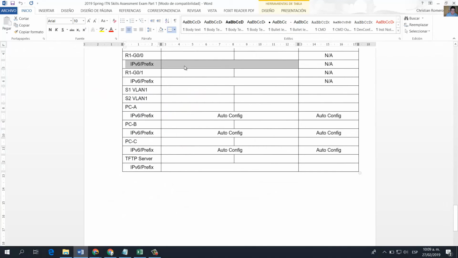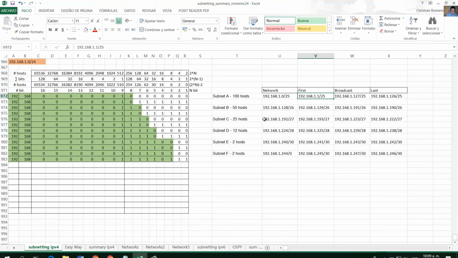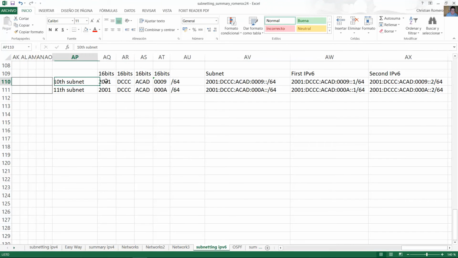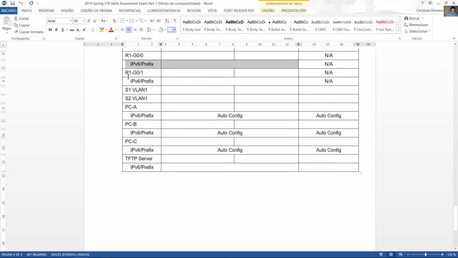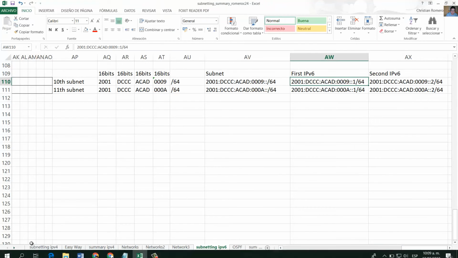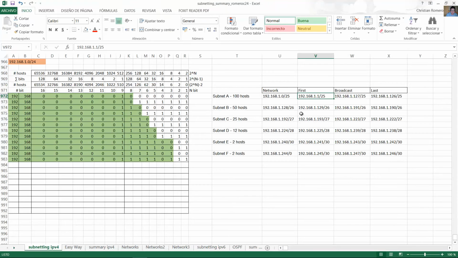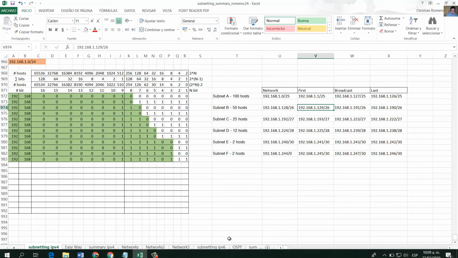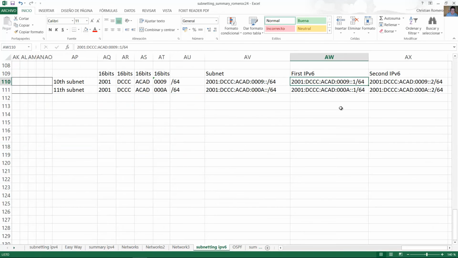IPv6 first IP for LAN A. LAN A is the 10th subnet and the first IP is this. Use this. Gigabit 0/1 IPv4 is subnet B. Use this first IP. IPv6 use this first IP.